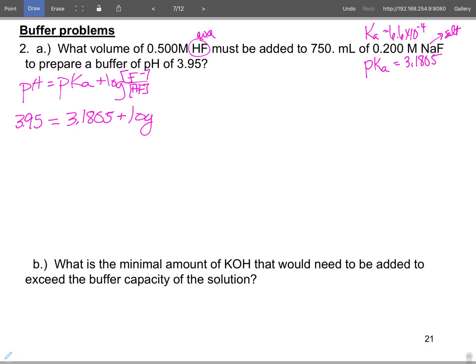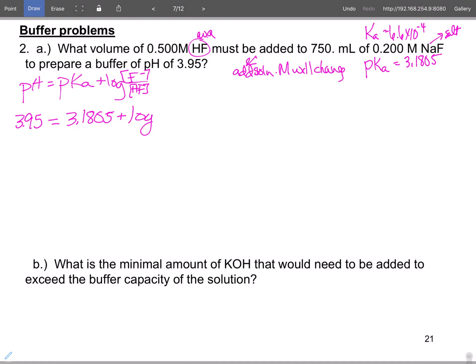Now, here's the problem. We cannot use the molar concentration of the HF. We have to deal with this in moles because we will be adding a solution, so the molarity will change.